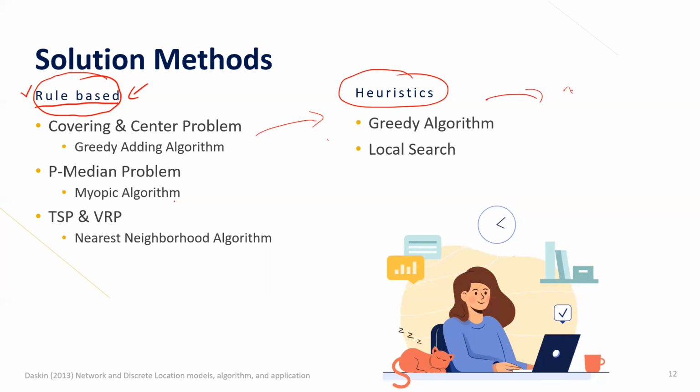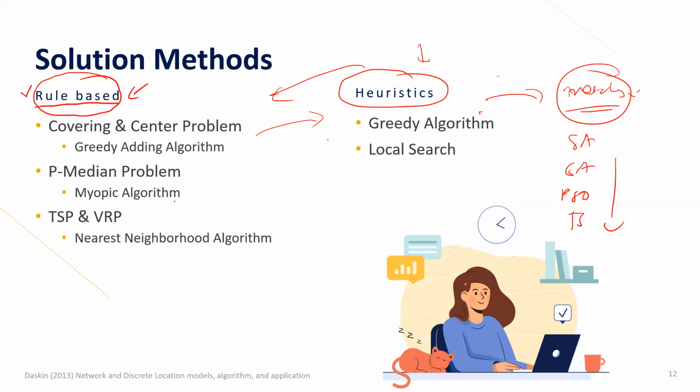Heuristics may still depend on the problem, but most likely meta heuristics like SA, GA, PSO, tabu search, and so on are independent of the problem. For example, you can use PSO for covering problems, center problems, scheduling problems, and TSP.